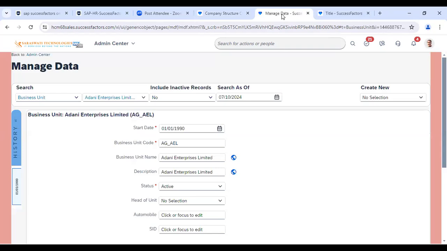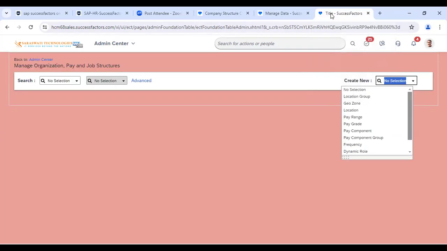What is the difference between managed data and managed job pay structure? I just told you. Can someone tell me again?